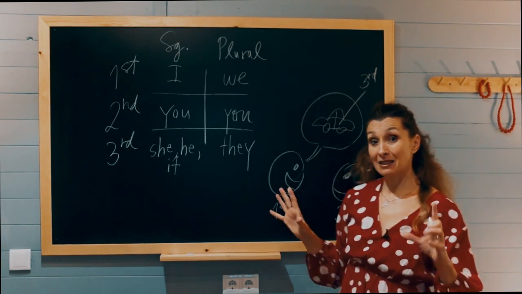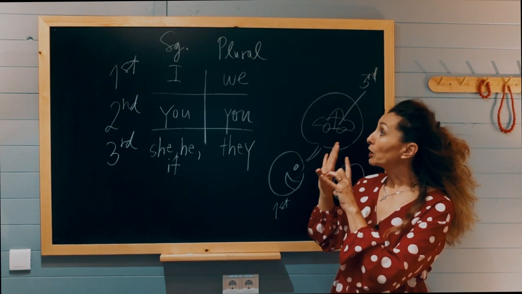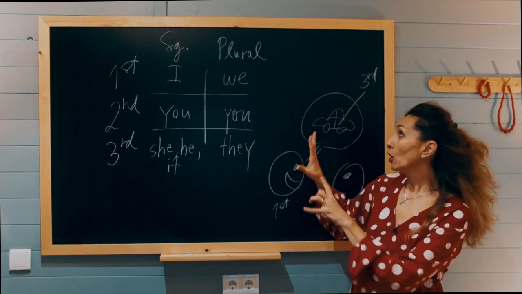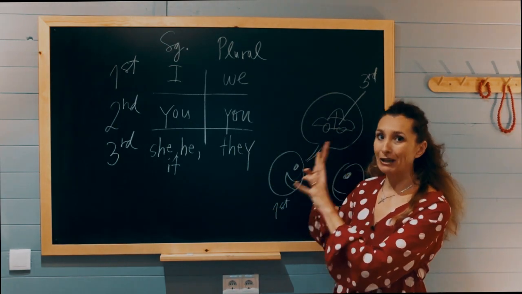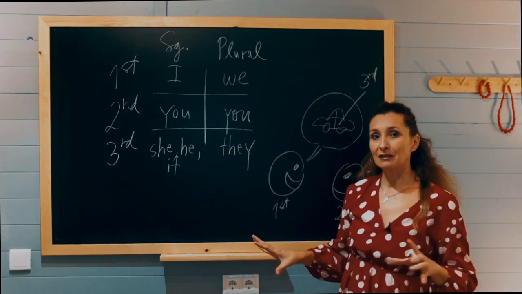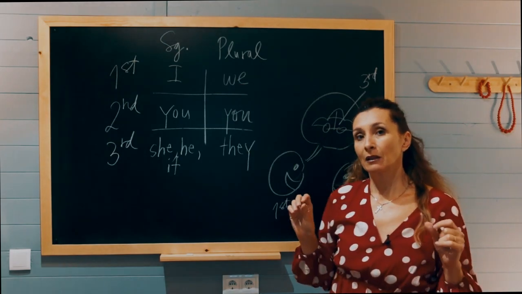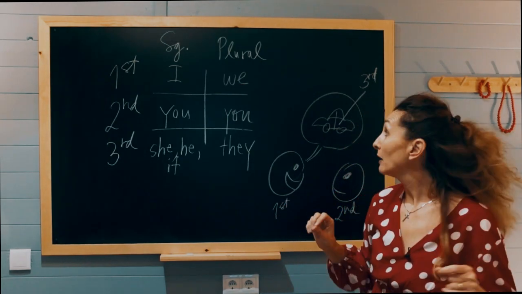I've explained this in English with English examples because I wanted you to understand the grid, okay? Why we have these lines and what the spaces in between represent, okay?